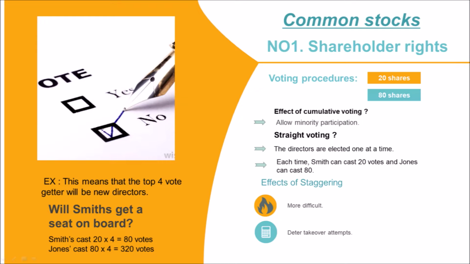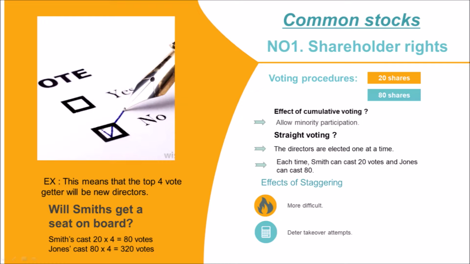Okay, let's begin with the shareholder rights and the common stocks. A corporation's shareholders elect directors who, in turn, hire management to carry out their directives. Directors are elected at an annual shareholders meeting by a vote of the holders of a majority of shares who are present and entitled to vote.